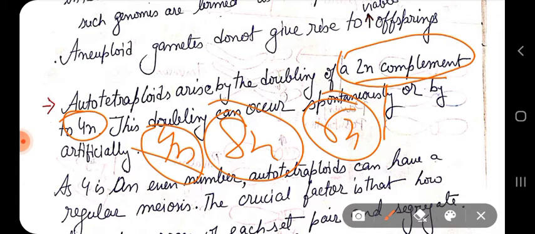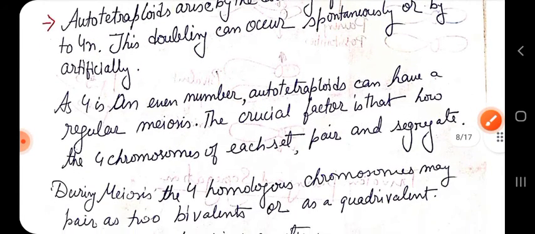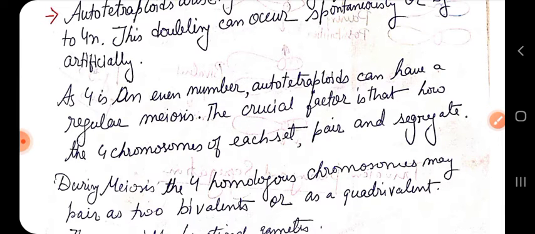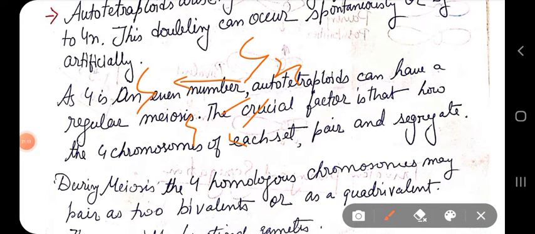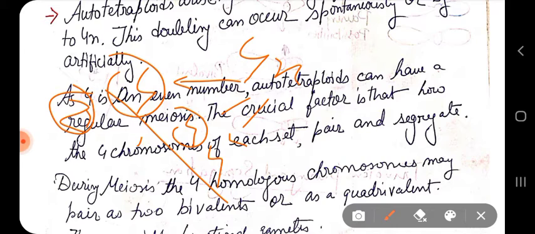As 4 is an even number, autotetraploids can have regular meiosis, because we get two pairs of homologs here. 4n means each of the chromosomes will have 4 in number, and 4 in number means two pairs of each chromosome.